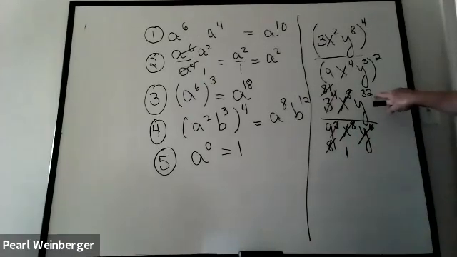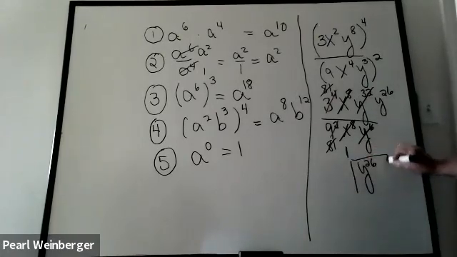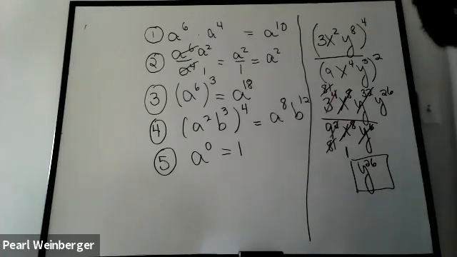And I subtract the exponent from the higher one, which is in the numerator. 32 minus 6 is 26. So my final answer, the only thing I'm left with is y to the 26th over 1, which is just y to the 26th. Remember, when your denominator is 1, you do not have to put it in.